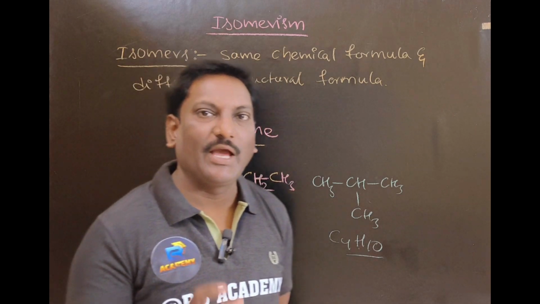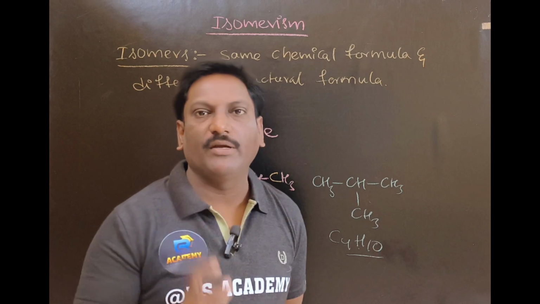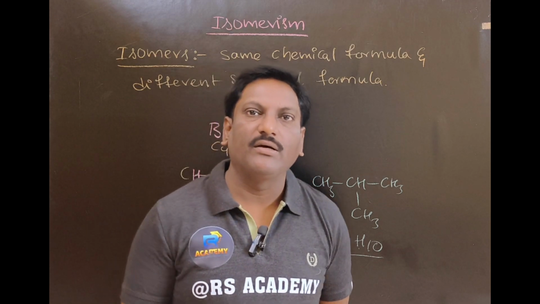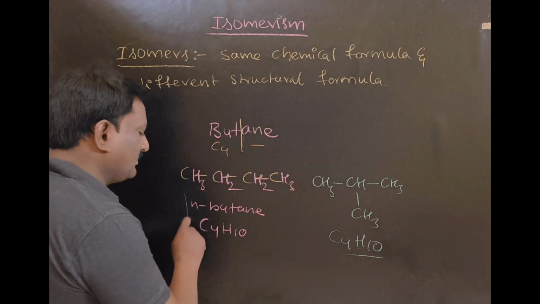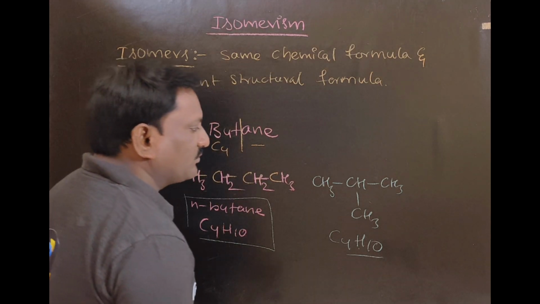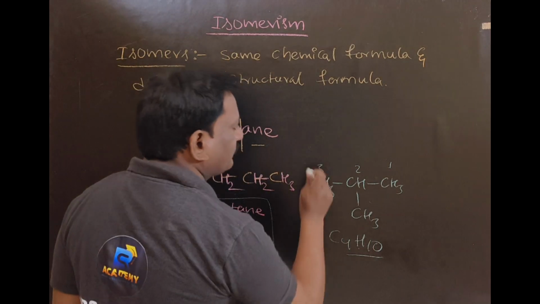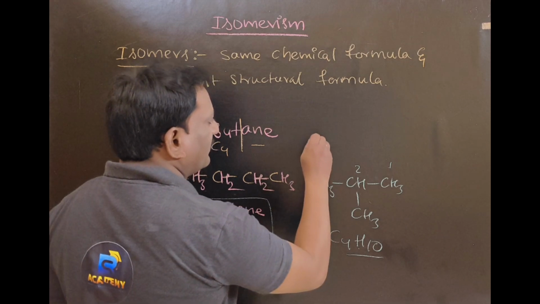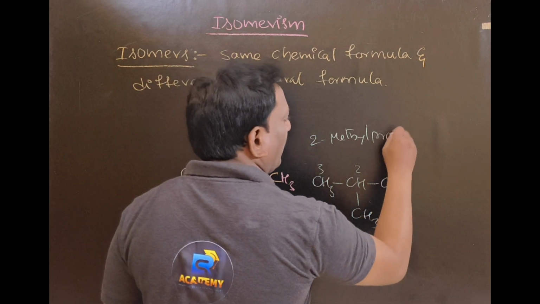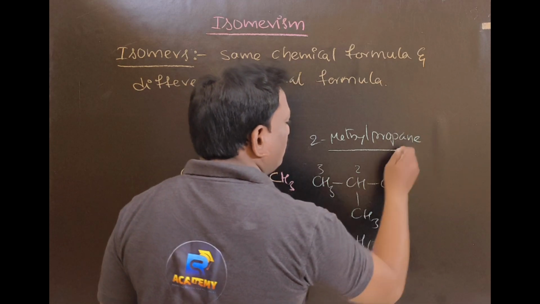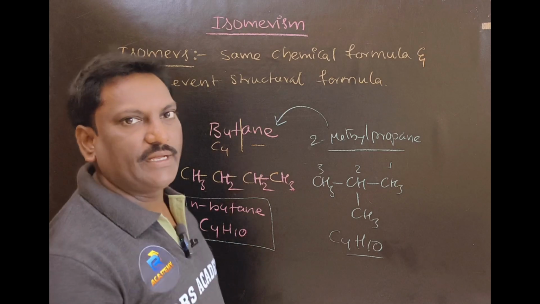Is it clear to you? Isomers means those organic compounds having same chemical formula and different structural formula. This phenomenon is called isomerism. This is n-butane. This one is 2-methyl propane. So 2-methyl propane is an isomer of butane.